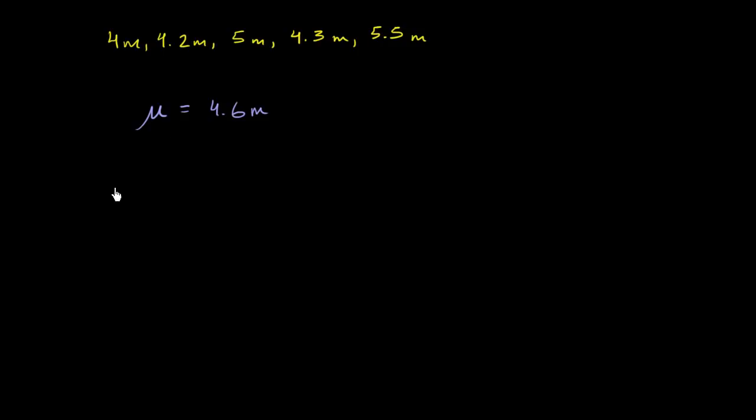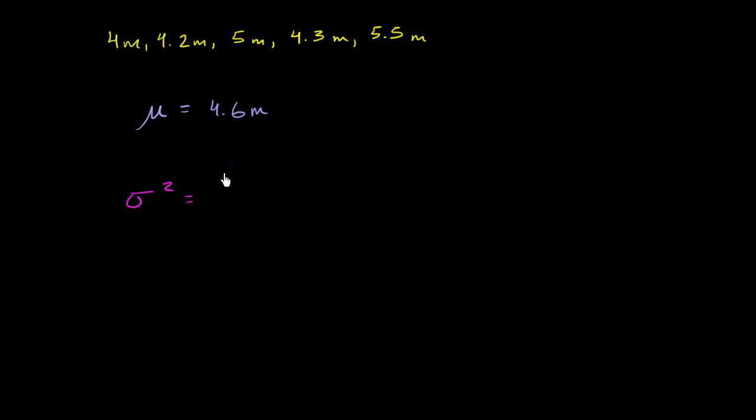So let's just do that. Let's actually calculate the population variance for this population right over here. Well, all we need to do is find the distance from each of these points to our mean, square them, and then take the mean of those squared distances.